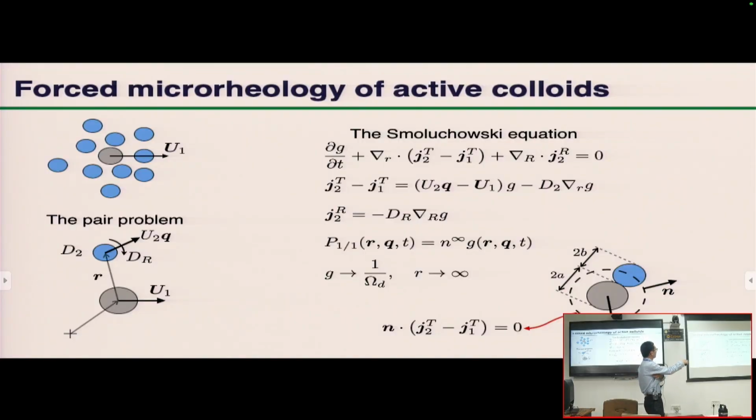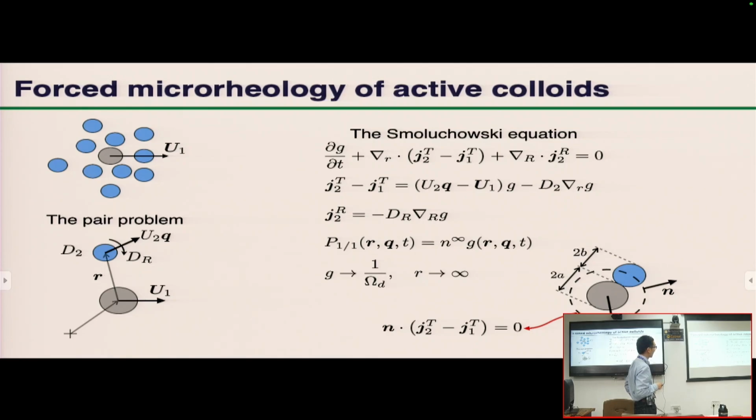So if you think about active particles, active colloidal particles, here's a schematic of how that works. You have a particle that's moving at a velocity u1, and what we want is to quantify the force that we need to apply in order for that to happen. In the dilute limit, we can represent the suspension with a representative particle.